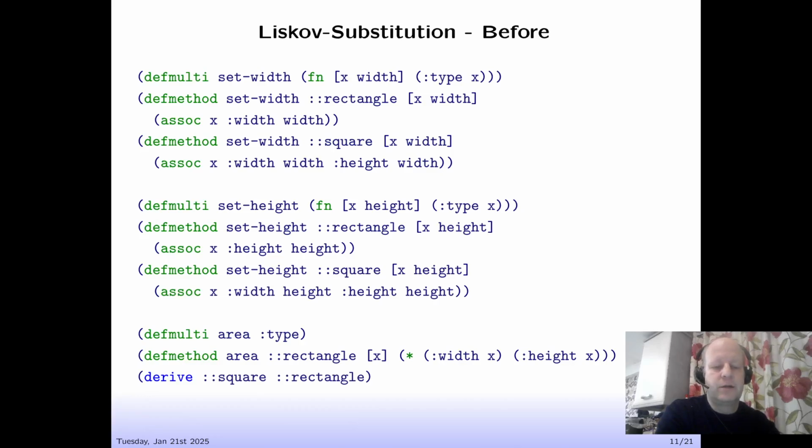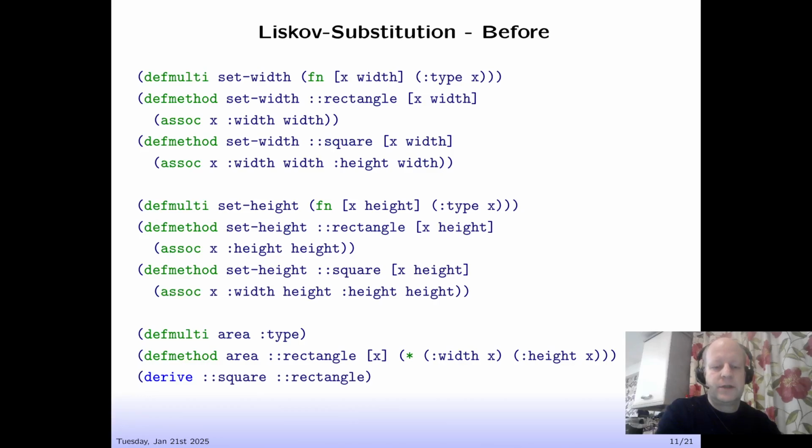We will make it a dispatch, a multi-method, so that it's open for extension. When we compute the area of the rectangle, we just say width times height. And if we have a square, a square derives from rectangle, so it'll use the same method.